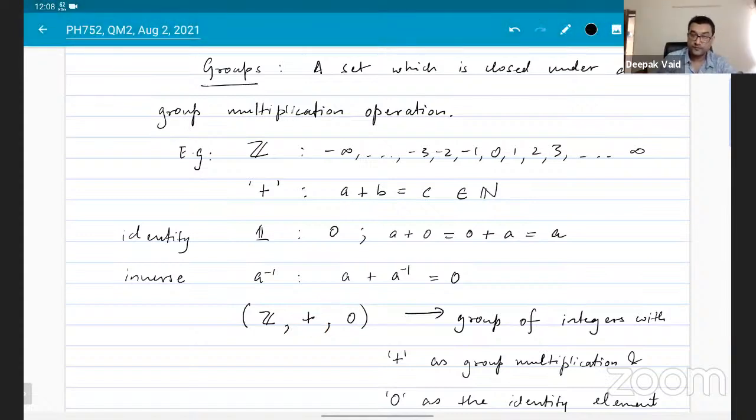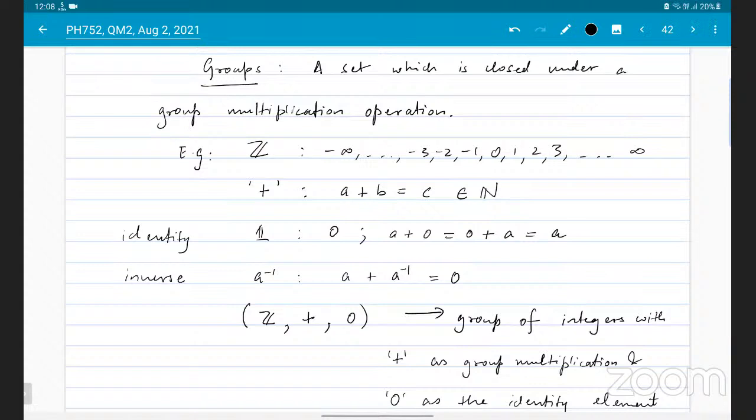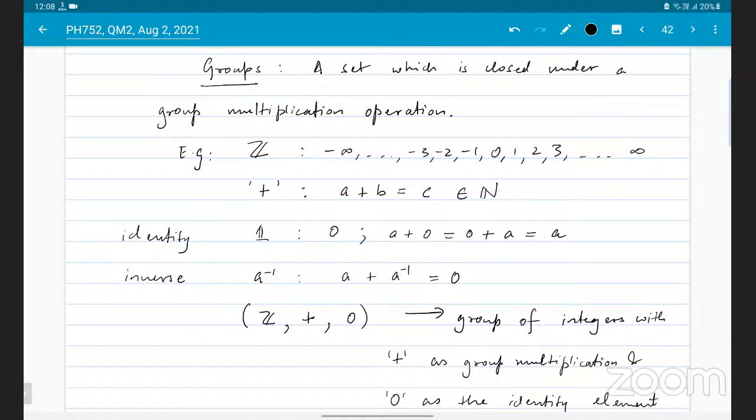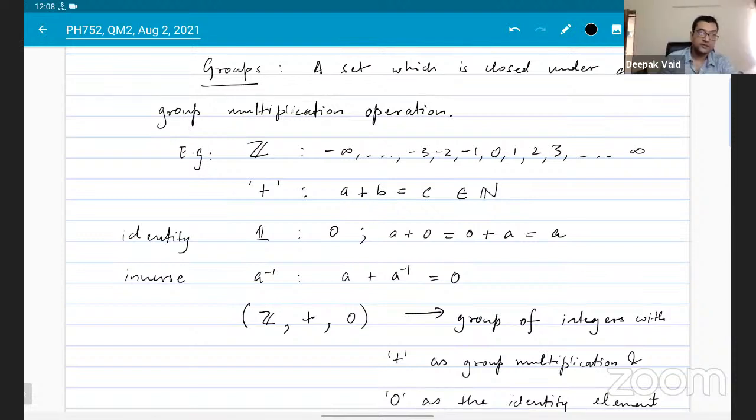So suppose it was multiplication, then it would be a different group. Under the multiplication operation, the group of integers is closed. For example, I can take any two integers and multiply them. And the identity would be 1.